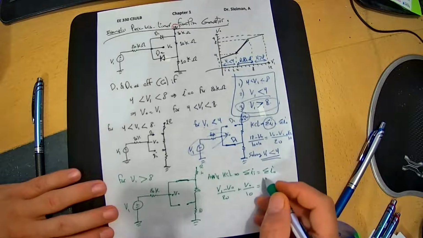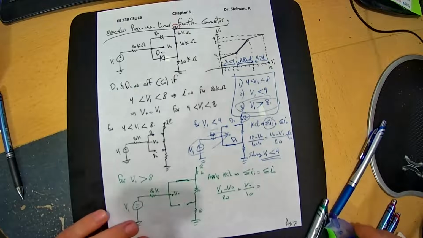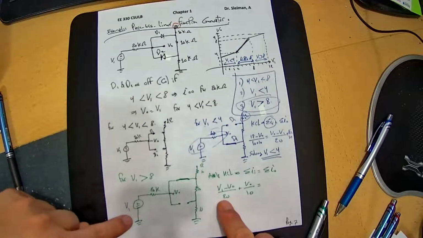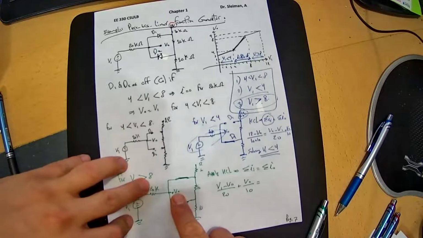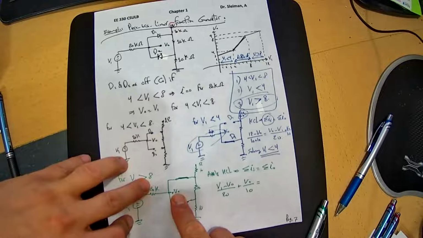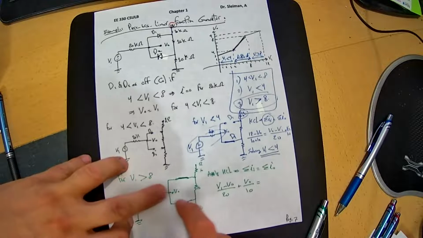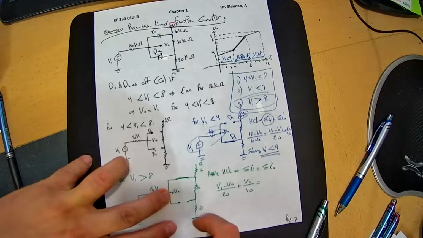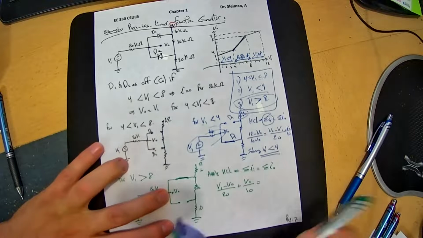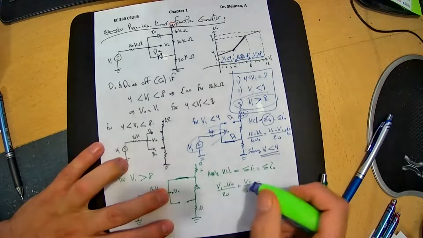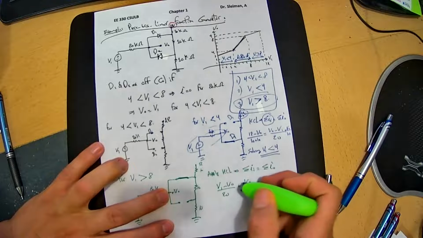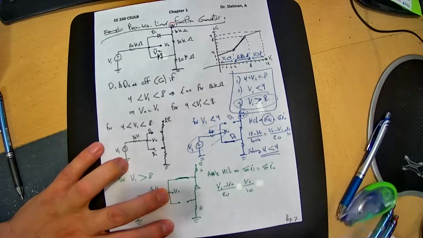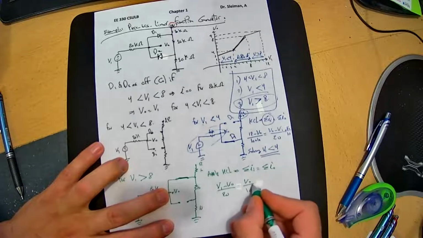No, not 10 plus 10. I'm confusing you. V1 minus V0 divided by 20. Okay, that's accomplished. And V0 minus 0 divided by 20 here. So this is going to be equal 10 plus 10.